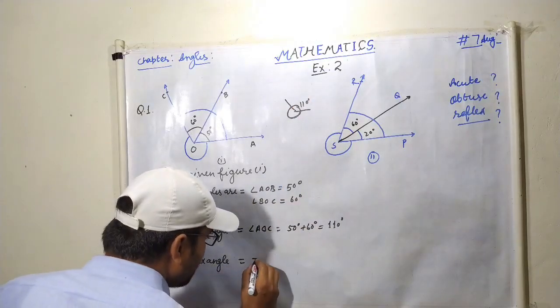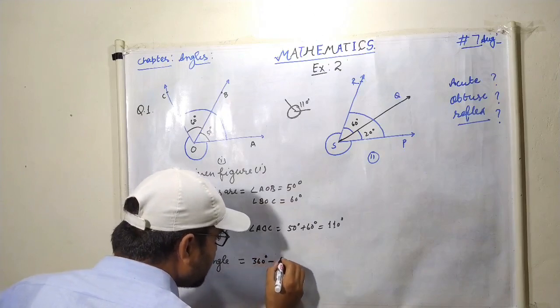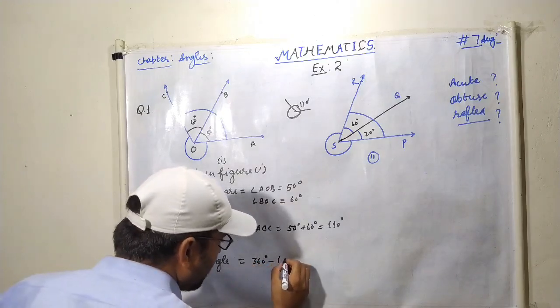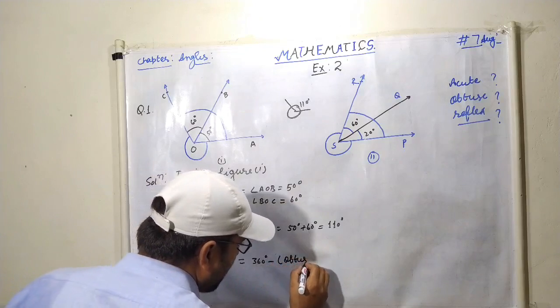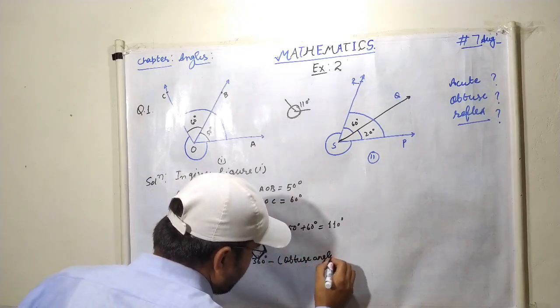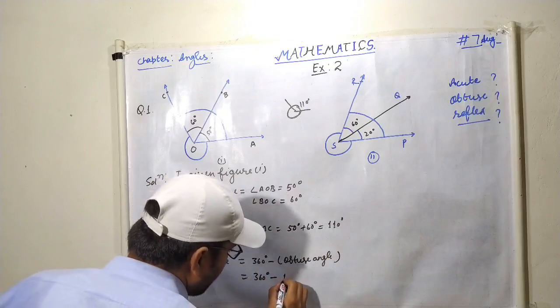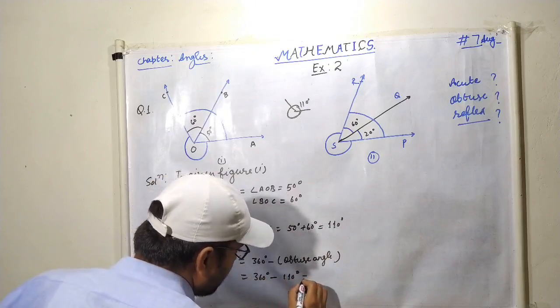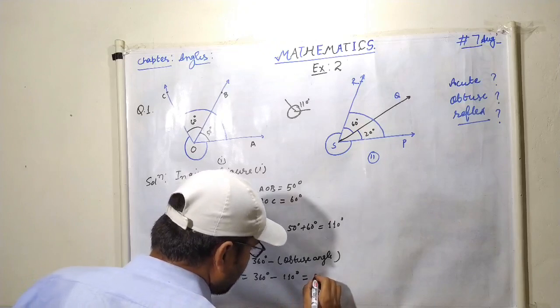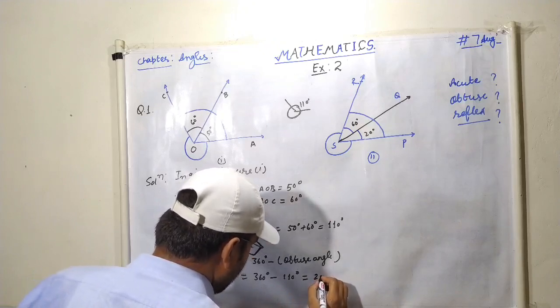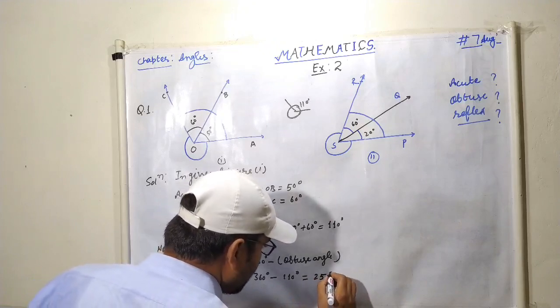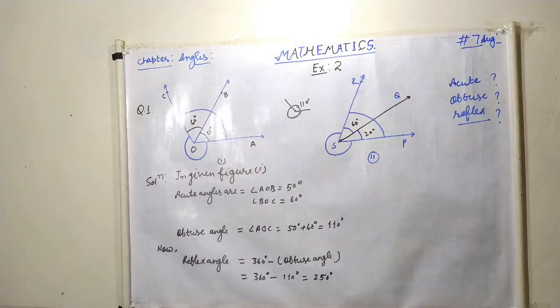So reflex angle is equal to 360 minus the value of the obtuse angle. Okay, so 360 minus 110 degree, you will get 250 degree. That is the value of the reflex angle for the first question.